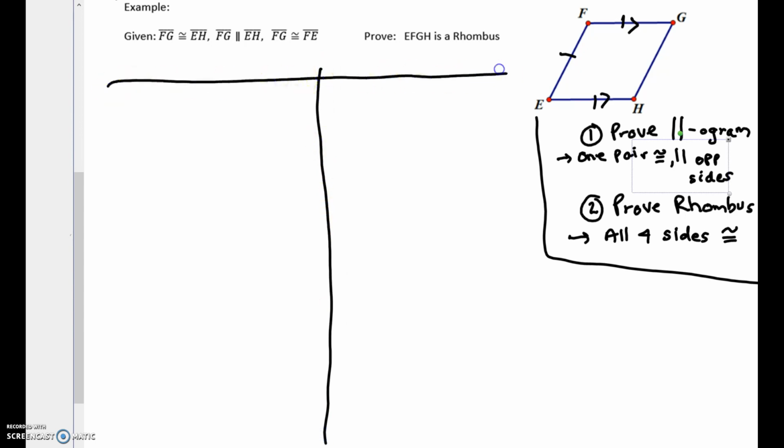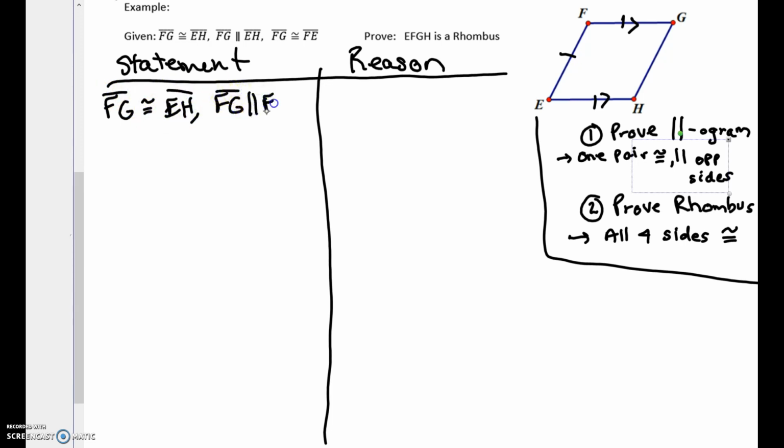So we have our statement and reason. They start off by telling me FG is congruent to EH and FG is parallel to EH. I'm just going to write those two right now because they're the two statements I need to prove that my shape is a parallelogram.